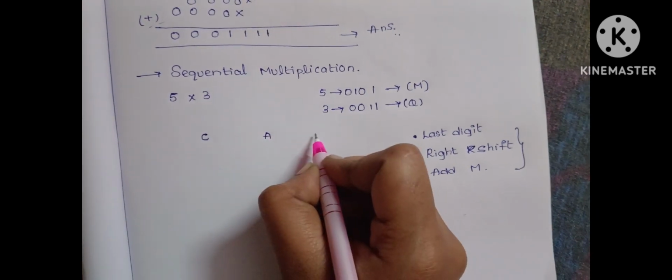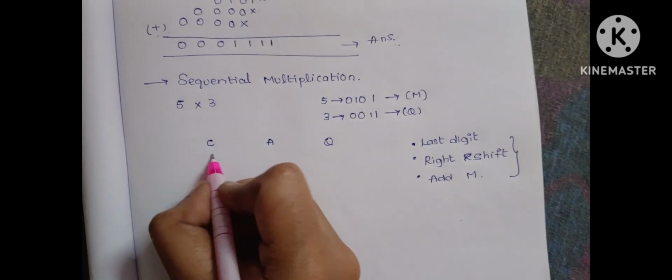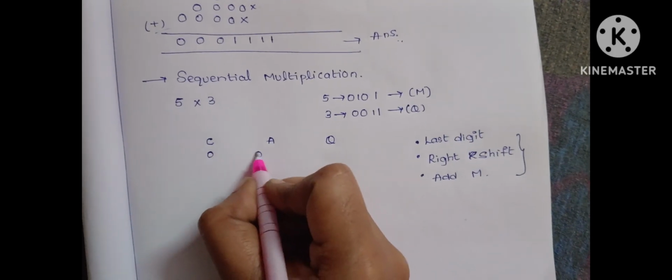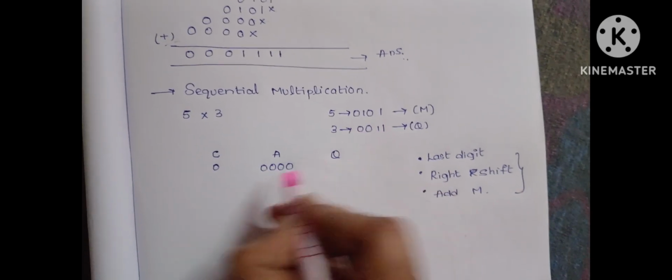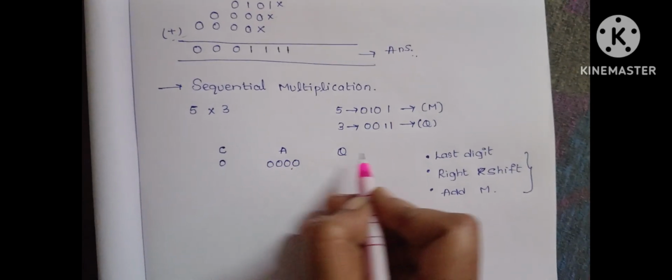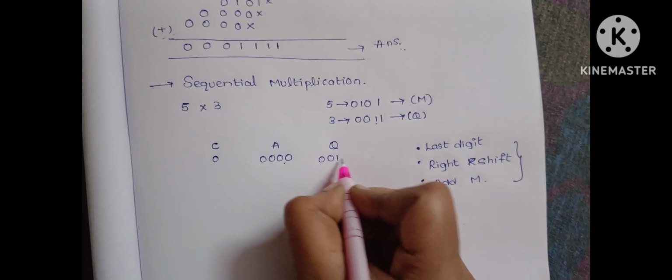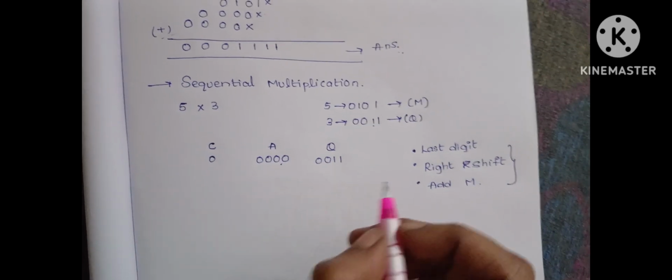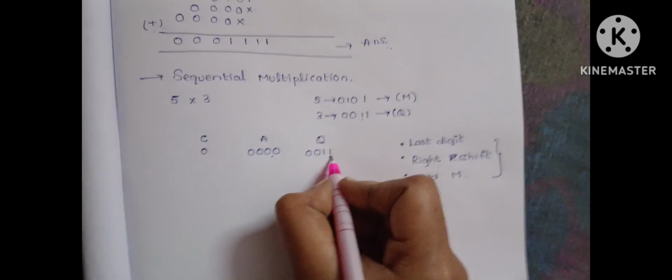C, A and B are the parts of the table which we will have in the sequential multiplication. C is carry, initially it is 0. A is initially zeros. How many bits are given? Those many bits will be taken in A as zeros. And Q from the question we'll write, that is 0 0 1 1. Now in the Q the last digit is 1.